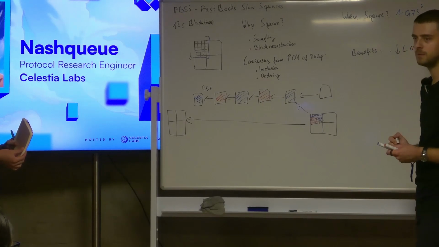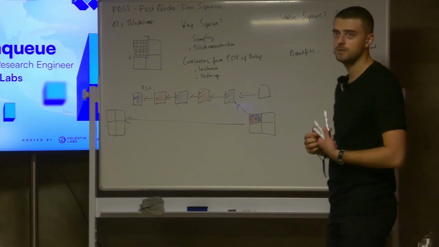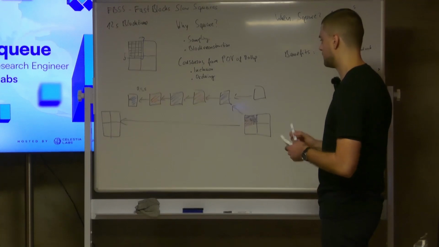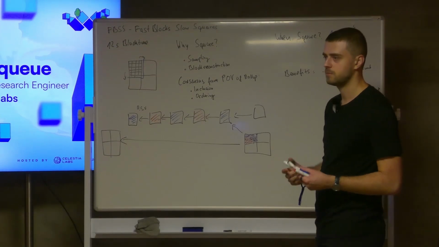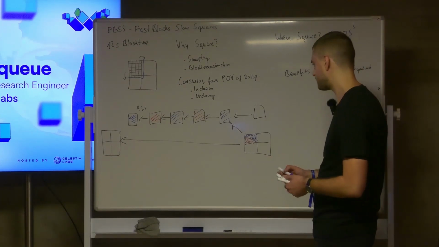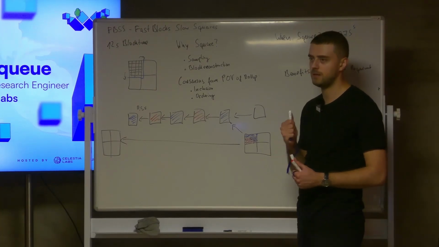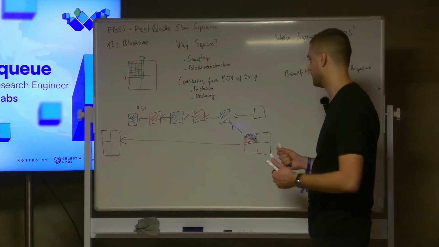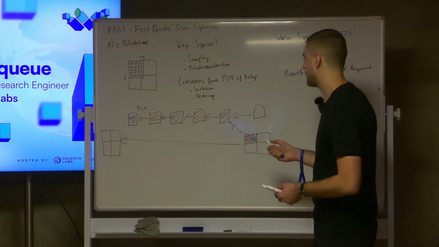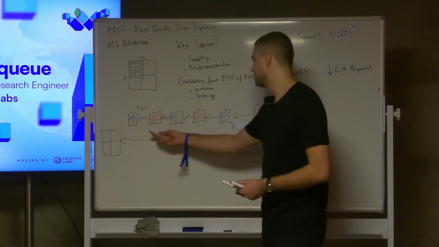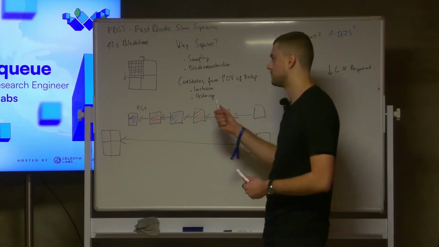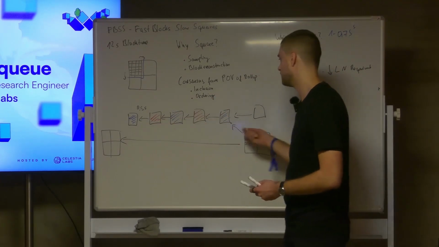And we get that by having a constant amount of samples per square instead of block. The other thing is that you would need to download a header for each square. If you're going to sample for every block, you would have to download the header for every block.